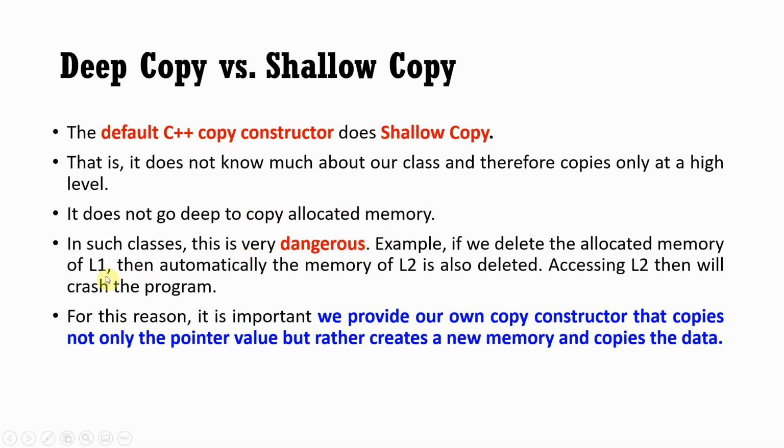Because if two objects share the same array, they have pointers that point to the same array, then if one of them decides to deallocate that array or change that array, it's going to be changed for the other one as well.